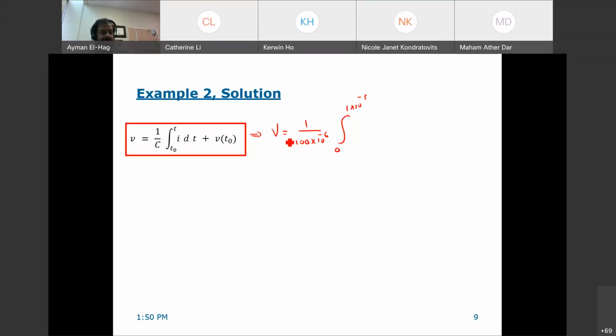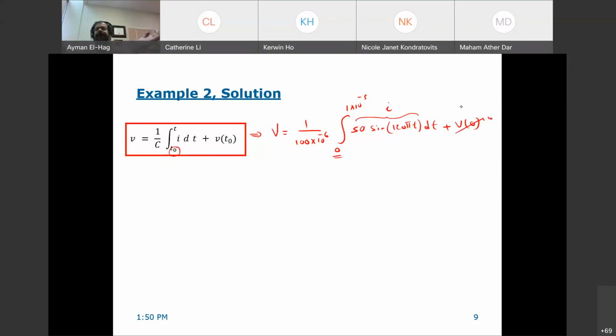And then I is given to us, which is 50 sine 120 pi t dt. All of this is nothing but your current, plus V at t0, the voltage at the initial condition, which is V at 0. This is your starting point. You want from 0 to 1, and we know that this is equal to 0.